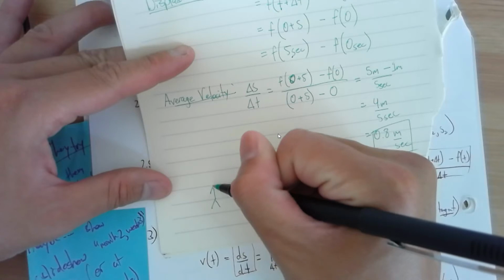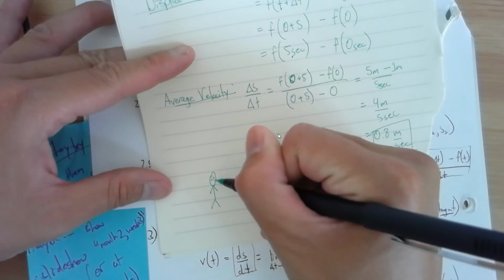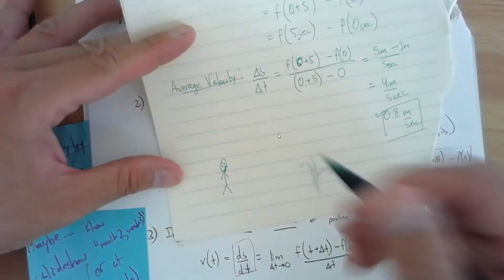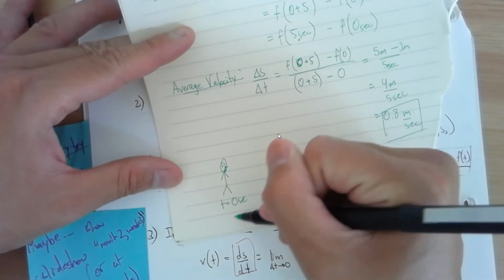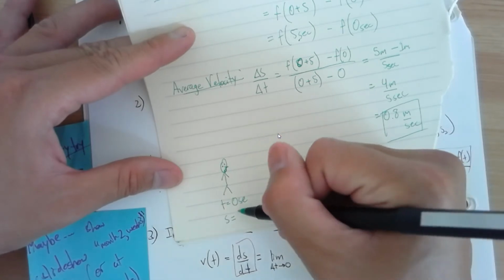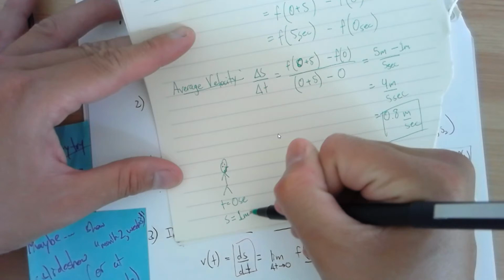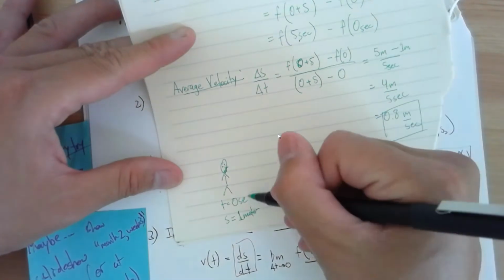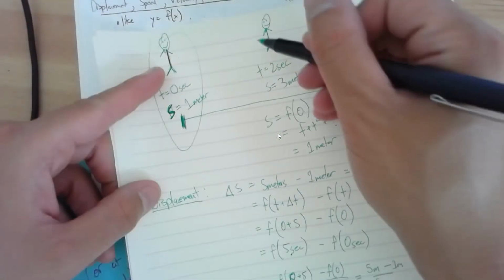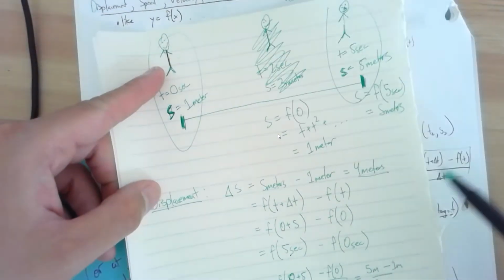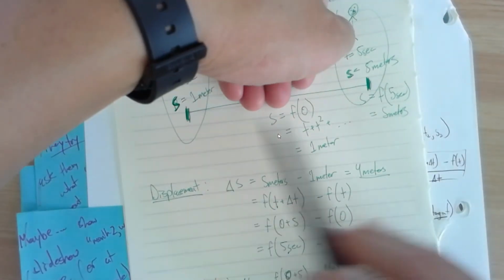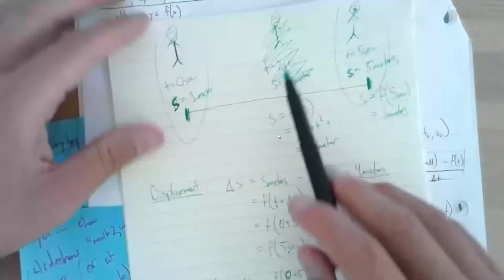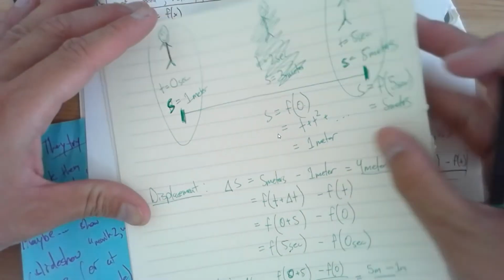Let's look at a visual of this person, right? Let's say that at t equals 0 seconds, the position this person's at is 1 meter, right? Now, I know I had this example, but let's cross this out and pretend that never happened. All we have is the information of where this person was at 0 seconds and where this person was at 5 seconds. Let's pretend that we didn't have this value in the middle, okay? So I do apologize.